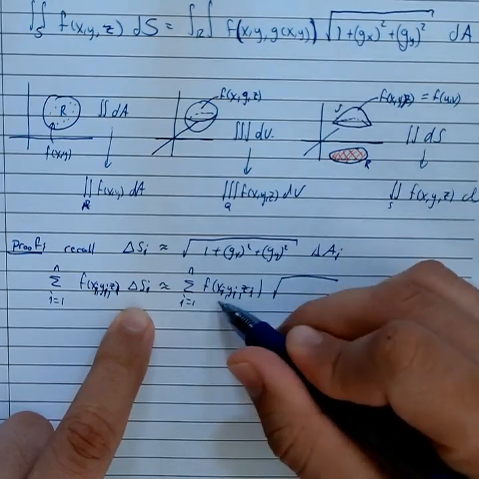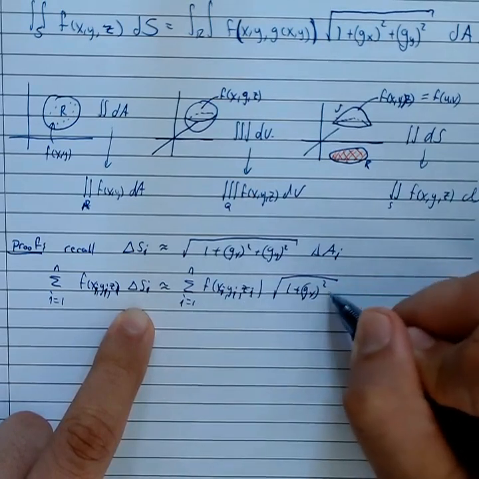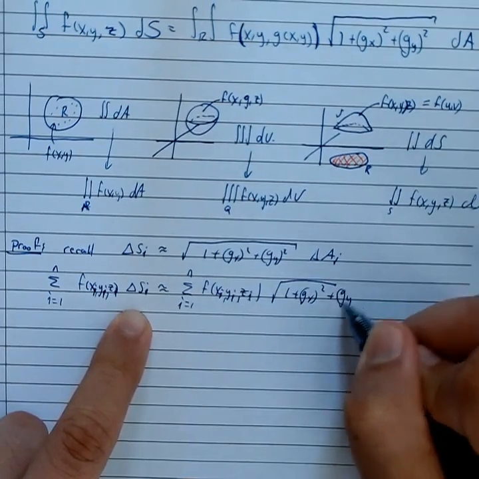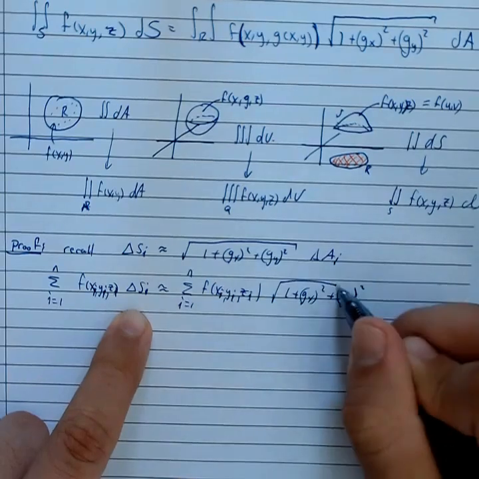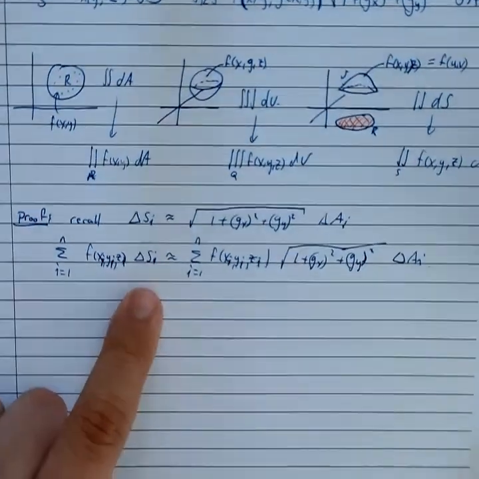So this would be F of xi, yi, zi times the square root of 1 plus G sub X squared plus G sub Y squared, delta A sub I. But now you're done.